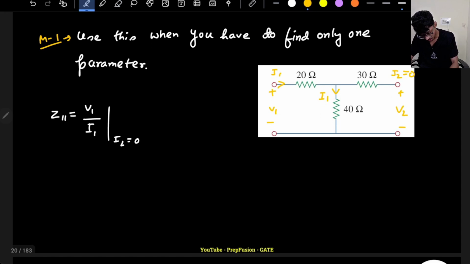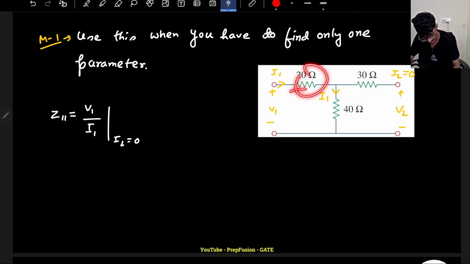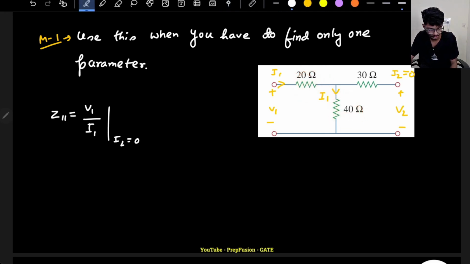So you can say that my Z11 equals V1 by I1. What is V1 by I1? These two are in series because the same current is flowing through. So V1 is basically equal to 20 plus 40, or you can write the KVL as well: minus V1 plus 20 into I1 plus 40 into I1 equals 0.